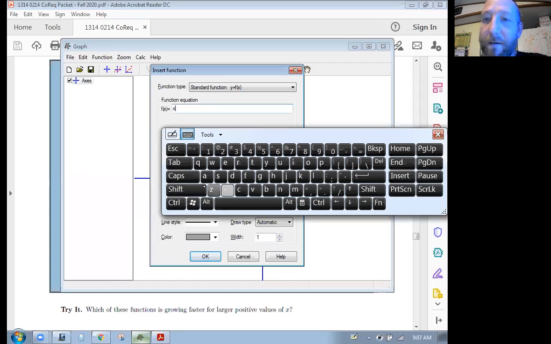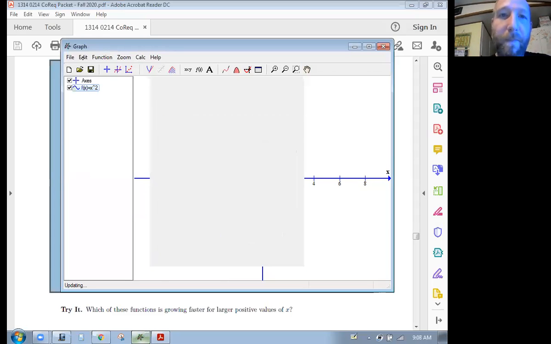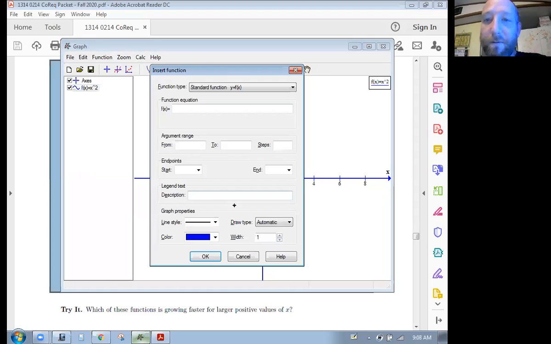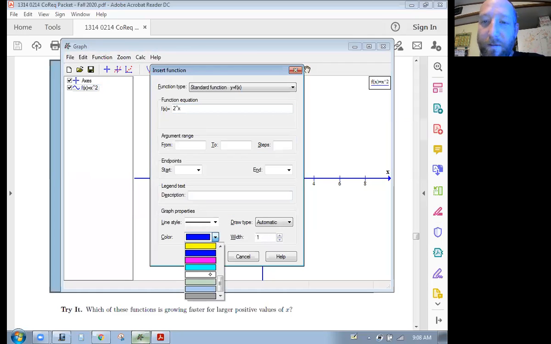We'll look at x squared. Put it in blue. And let's compare it to 2 to the x, which we'll put in light blue.